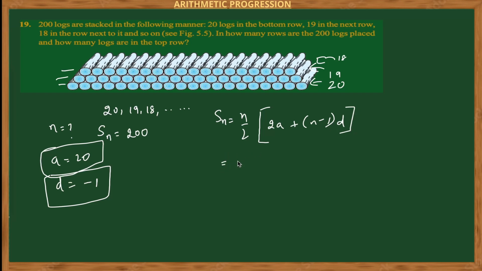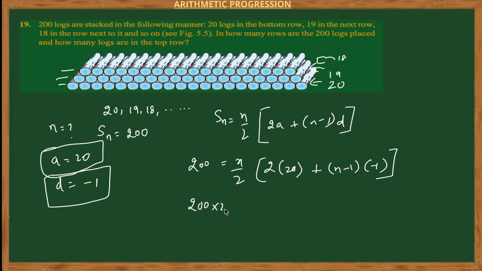Sn is 200, so 200 equals n by 2 into 2a, which is 2 times 20, plus n minus 1 into d, where d is minus 1. So 200, let's bring this 2 here, times n.